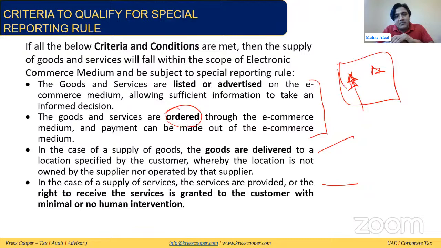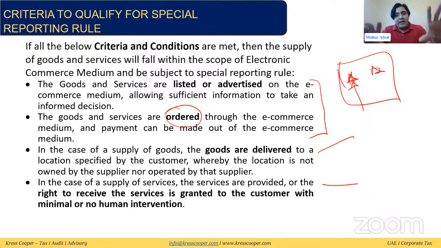These four conditions must be fulfilled: three conditions for the services, three conditions for the goods. So if these conditions are being fulfilled, then we can say yes, the supplies are being made through the e-commerce medium. If these conditions are not being fulfilled, then we say the supplies are not being made through the e-commerce medium.